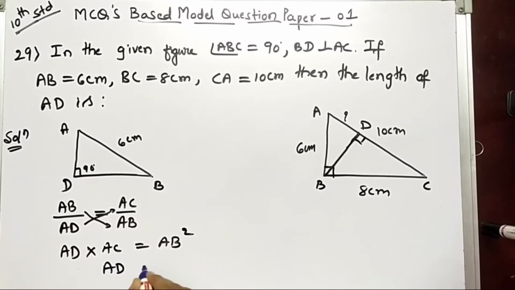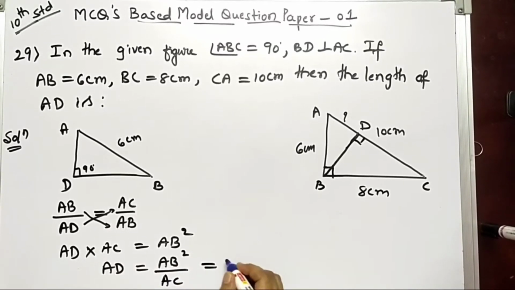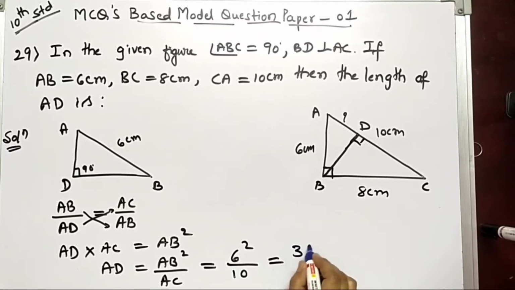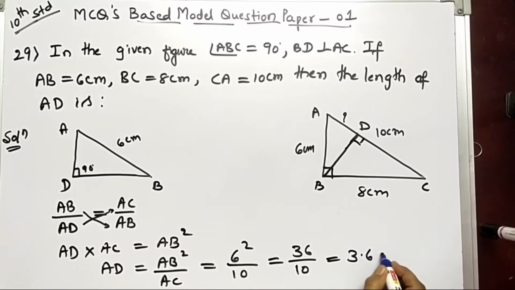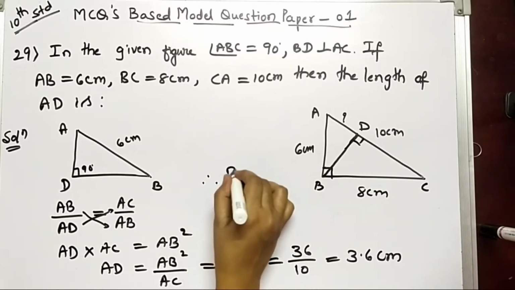Then AD is equal to AB square divided by AC. AB means 6 square and AC is 10. 6 square means 36 by 10. It is 3.6 centimeter. The length of AD is 3.6 centimeter. Option B. So option B.